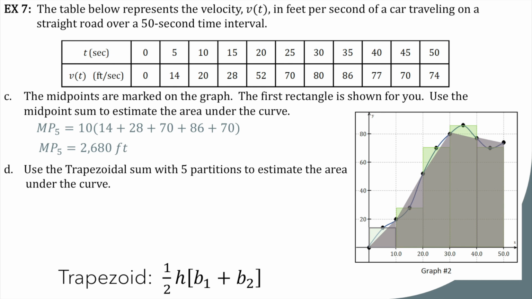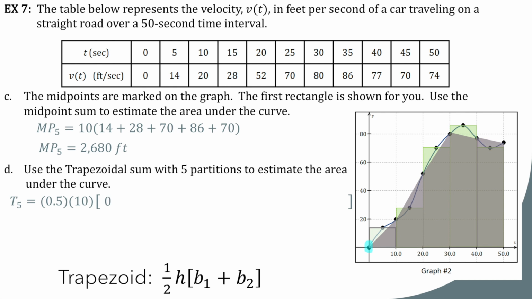The area of the trapezoid is 1/2 times the height times the bases added together. So we always start with 1/2, and then the height of each trapezoid is 10. That's what's on the x-axis, so we can put a 10 there. Now we have to add all of the bases. So watch carefully. For the first trapezoid, the first base, which is what's going on the y-axis, is 0.